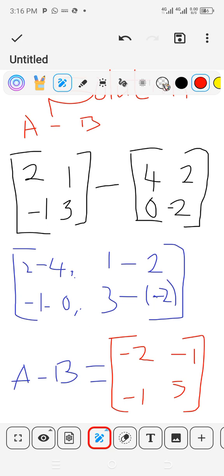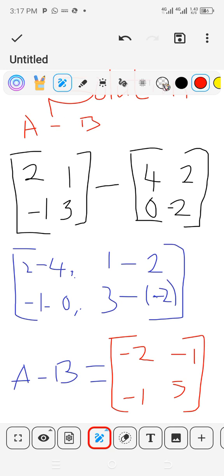So from the question, we are asked to subtract B from A, and matrix A is given to us as 2, 1, minus 1, and 3. Then matrix B is given to us as 4, 2, 0, and minus 2. Though I didn't mention the minus 2 earlier, I just noticed that it's supposed to be minus 2 there, not 2.